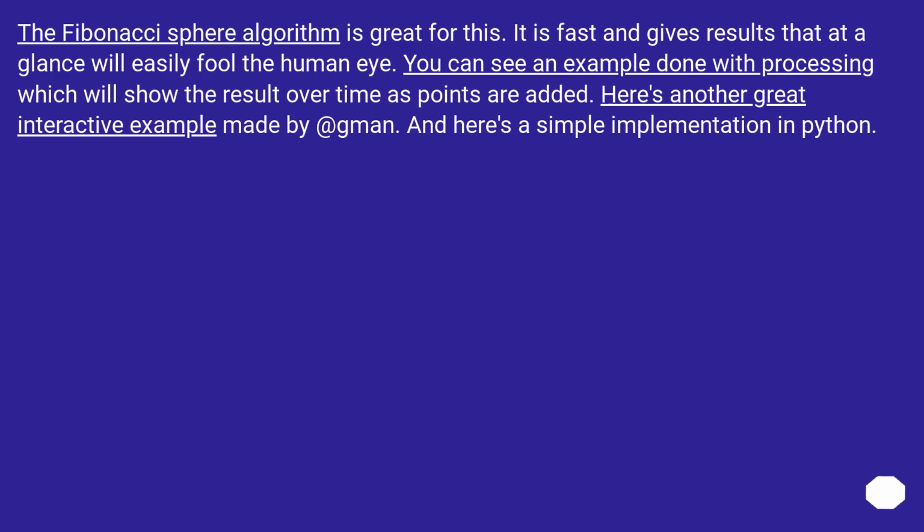The Fibonacci sphere algorithm is great for this. It is fast and gives results that at a glance will easily fool the human eye. You can see an example done with Processing which will show the result over time as points are added. Here's another great interactive example made by @gman.